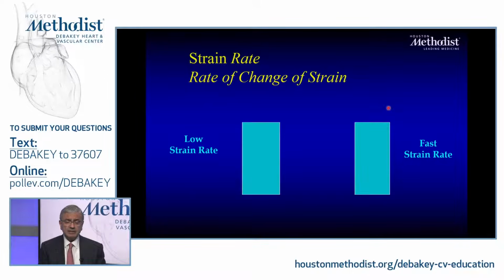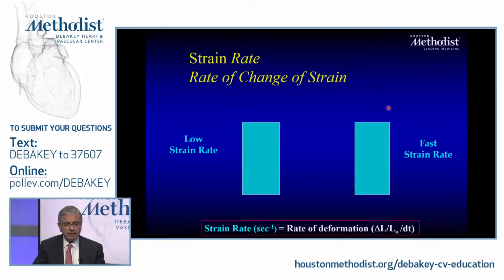So the heart has thickened or thinned to the same extent, but the rate of change is different. This is the strain rate. At least theoretically and in animal models and some clinically, strain rate is very important from myocardial function point of view, as well as recovery of function, but we're not using it as much nowadays because of mostly noise.